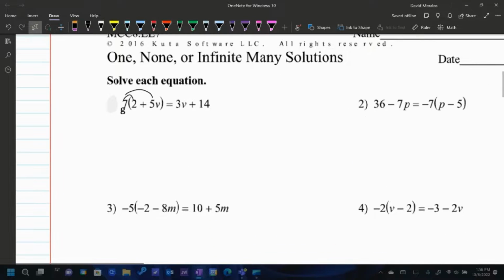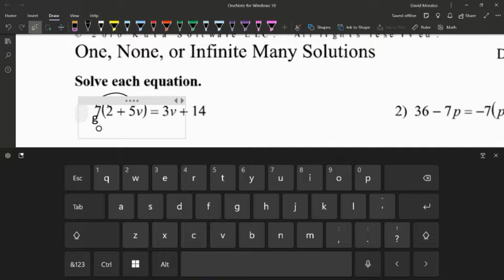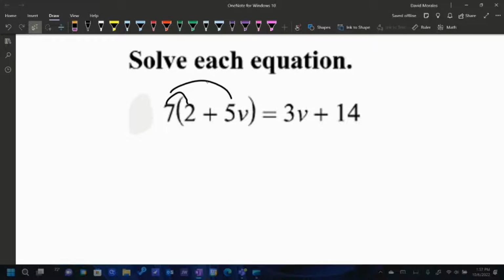So let's take a look at some of these problems. If we look at this problem right quick, we're going to distribute the 7 to both 2 and 5v.